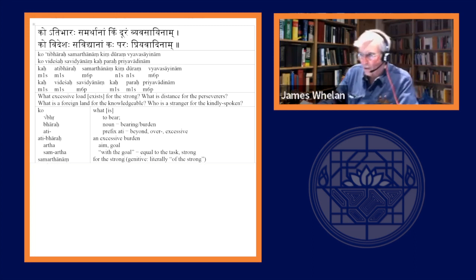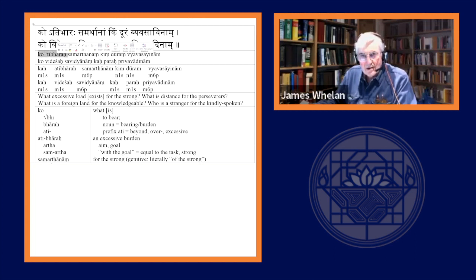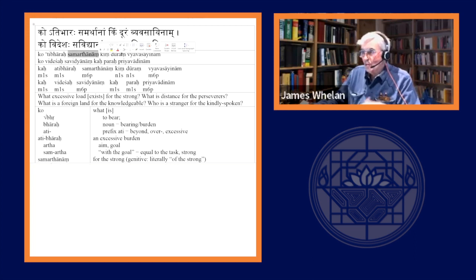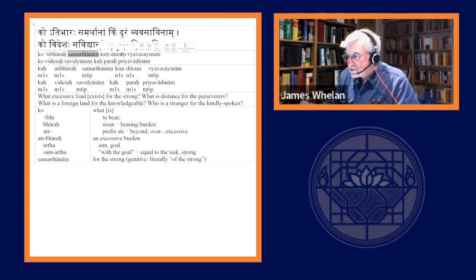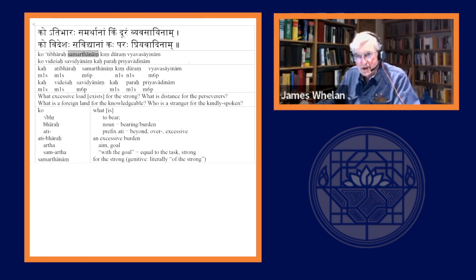It's difficult for them, the of them difficult, tesham dushkaram, for example. So here, what is kotibhara? What burden is excessive? Samarthanam, literally of the strong. But what burden, if you are strong, then there is no load that is too great, is what is being said.